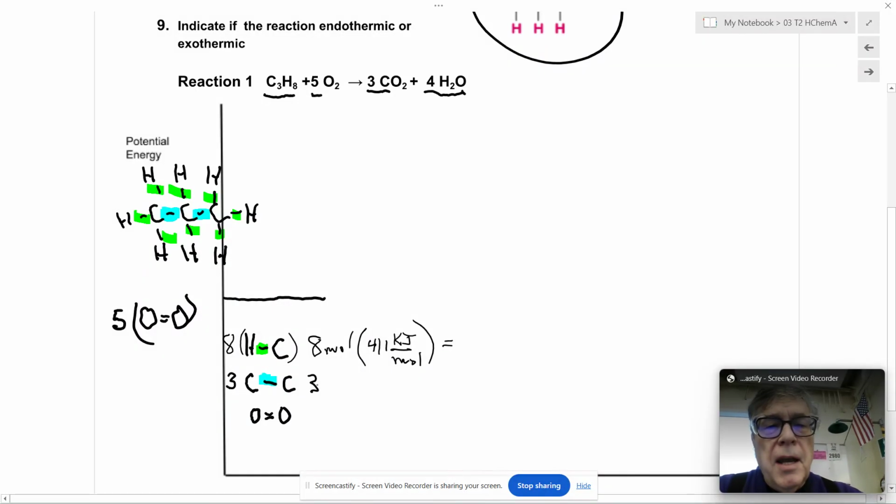So that means we have 3 moles of those bonds. And we're going to multiply that by carbon-carbon single bond, 346 kilojoules.